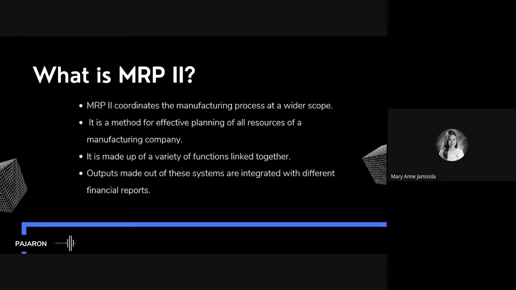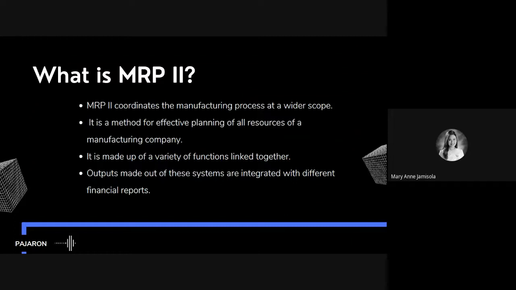MRP2 utilizes software applications for coordinating manufacturing processes, from product planning, parts purchasing, inventory control to product distribution. MRP2 is a method for the effective planning of all the resources of a manufacturing company. It also addresses operational planning in units and its financial planning.